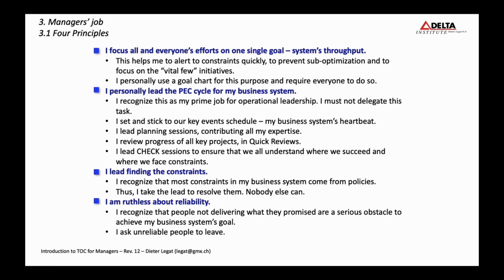Nobody else can. And point number 4, I'm ruthless about reliability. I know that if my people don't deliver what they promise, we are in serious trouble to achieve our business system's goal, and such people are a serious obstacle. And if they are, and they won't change, I ask them to leave.